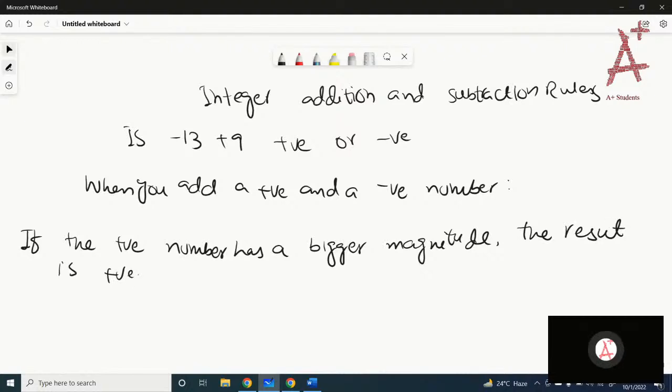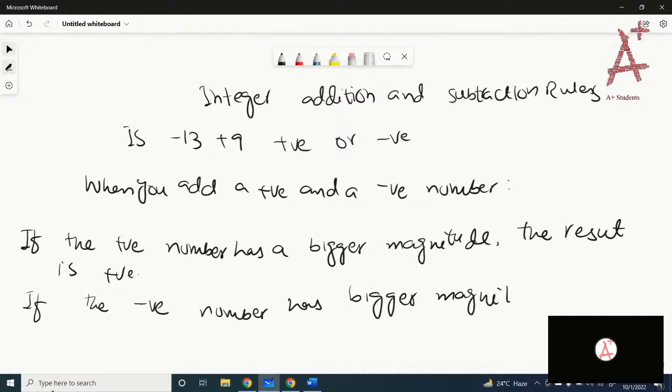And if the negative number has a bigger magnitude, then the result is negative. So it depends on the number that is greater. The sign of the answer depends on the magnitude of the greater number. Got it?